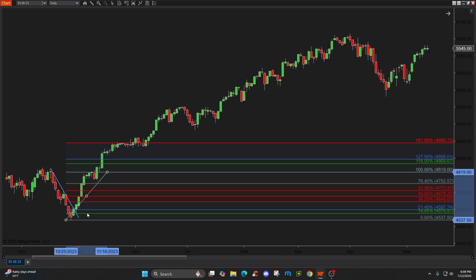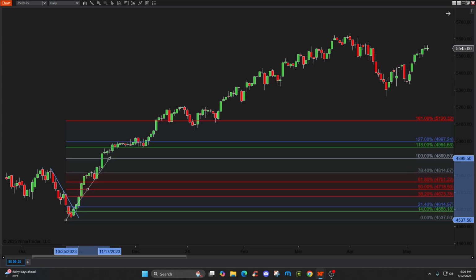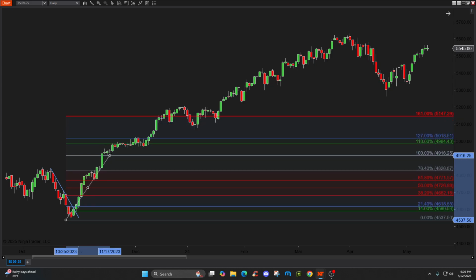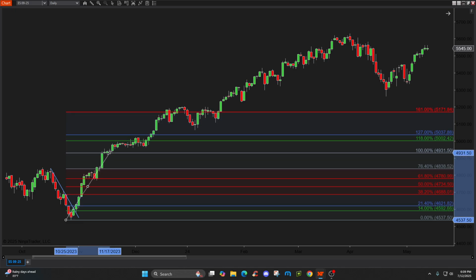Is that correct? No, because we only had one candle to the right that was lower. We can't go here because we don't have anything lower.